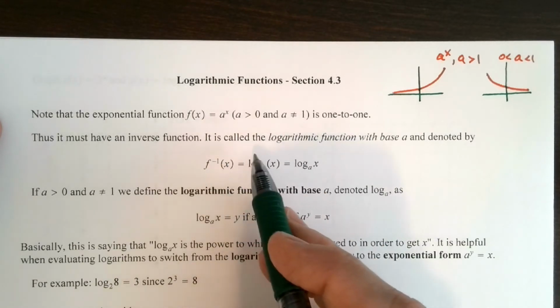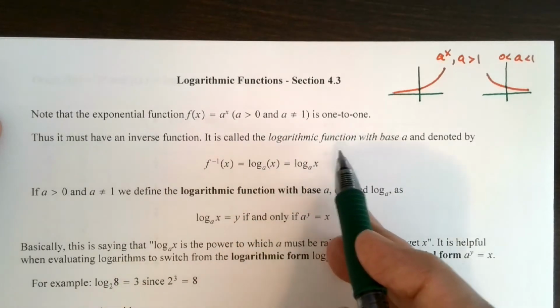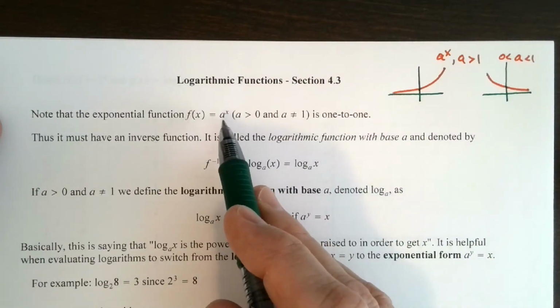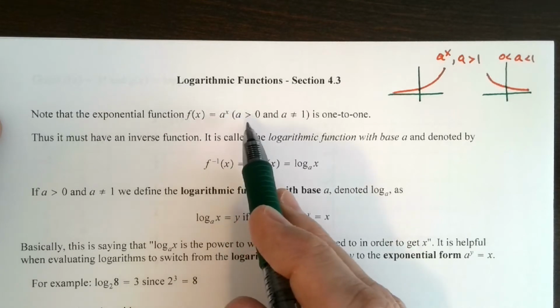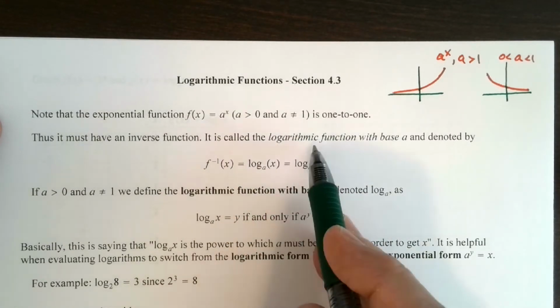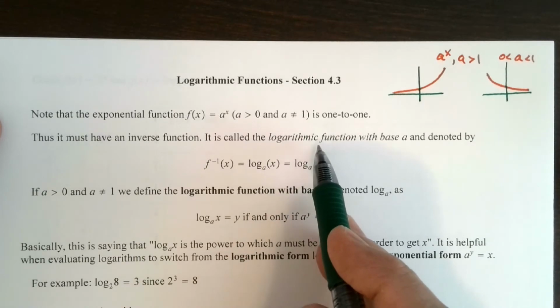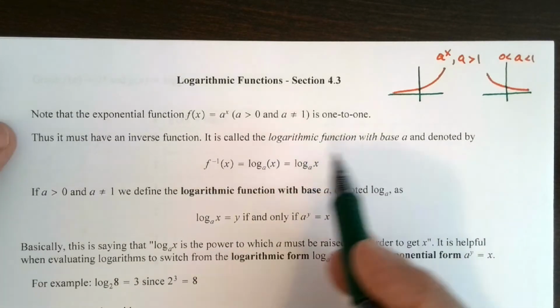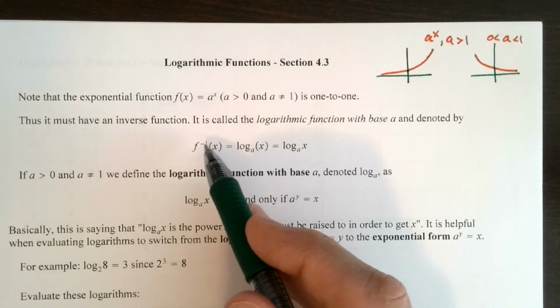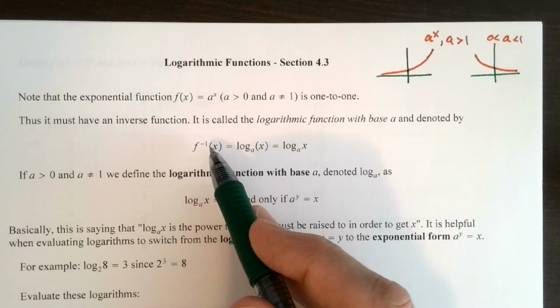Well, we call these functions the logarithmic functions with base a. So for every real base a that's greater than 0 and not equal to 1, there is a unique logarithmic function, which is its inverse with that same base. And this is the way we denote it. First of all, for the inverse function, remember, we use this little superscript -1 to indicate inverse functions.